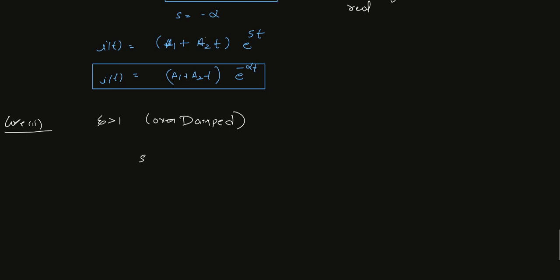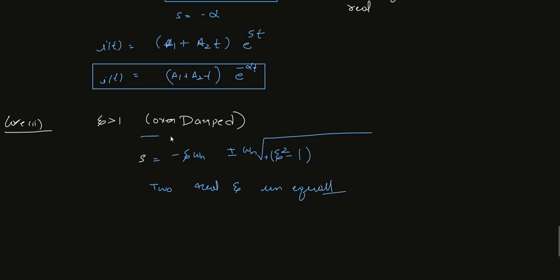So what is the s value? s is equal to minus zeta omega n plus or minus omega n root over zeta square minus 1. As zeta is greater than 1, here we get a positive value only, so we get two real and unequal roots in the case of the overdamped system.